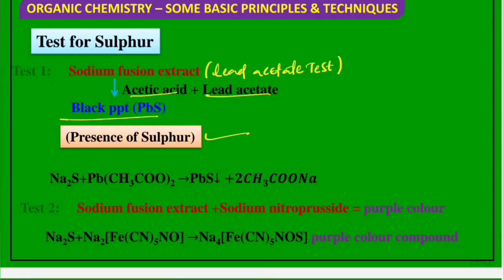So how do we confirm the sulfur? The sodium fusion extract is acidified with acetic acid and lead acetate solution is added, and a black precipitate is formed. Have a look at the equation: Na2S, sodium sulfide, with lead acetate forms lead sulfide PbS and sodium acetate.